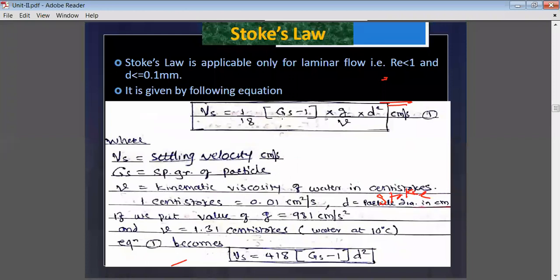Vs is equal to 1 upon 18 into (Gs minus 1) into g upon nu into d square, where Gs is nothing but the specific gravity of the particle, Vs is the settling velocity, g is the acceleration due to gravity in centimeter per second square, that is 981 centimeter per second square, nu is the kinematic viscosity of water, and d is the diameter of the particles in centimeter.